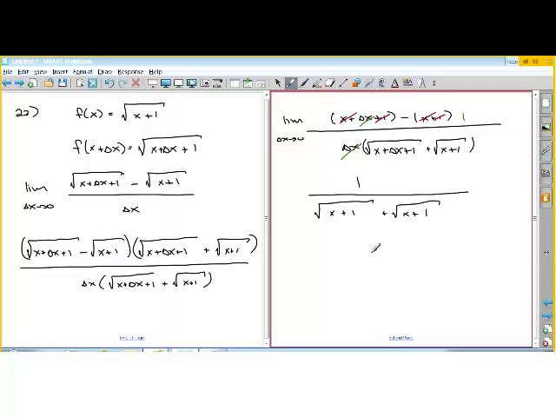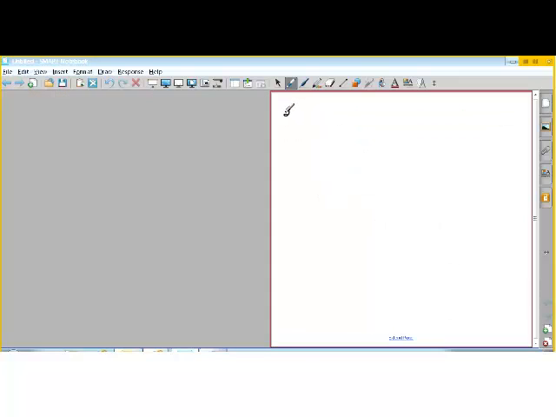So now you add those two together. So what you'll get is 1 over 2 times the square root of x plus 1, or 1/2 times 1 over the square root of x plus 1. That's your answer.